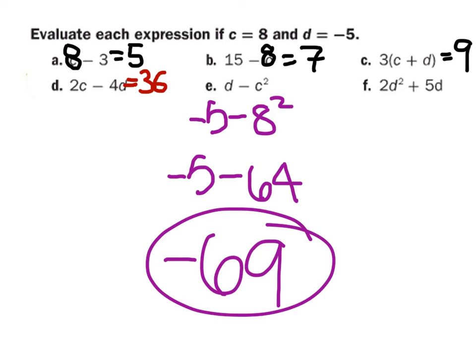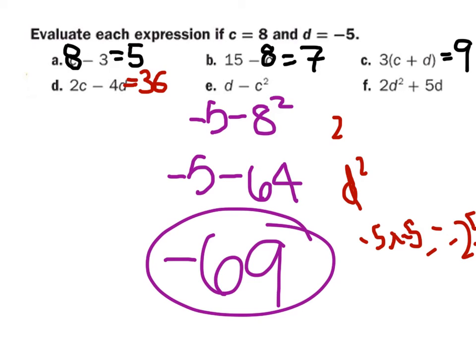Okay, go back to here. You're going to take D multiplied by 2. Or no, you're going to take D and multiply it by itself. So that would be negative 5 times negative 5, and that is negative 25.